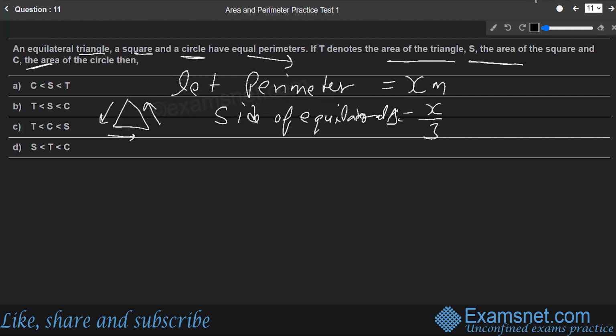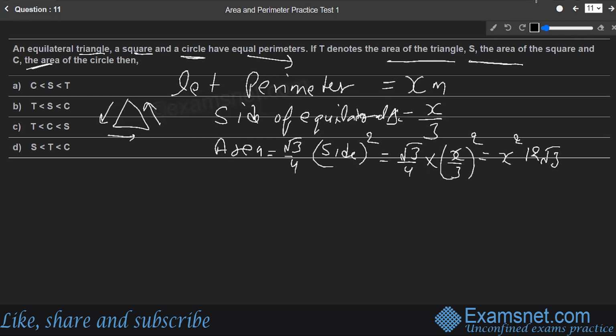Now we need to find the area. The area of the equilateral triangle is root 3 by 4 into side square. Using this, it is root 3 by 4 into x by 3 whole square, which comes out to be x square by 12 root 3. That is the area of the equilateral triangle.